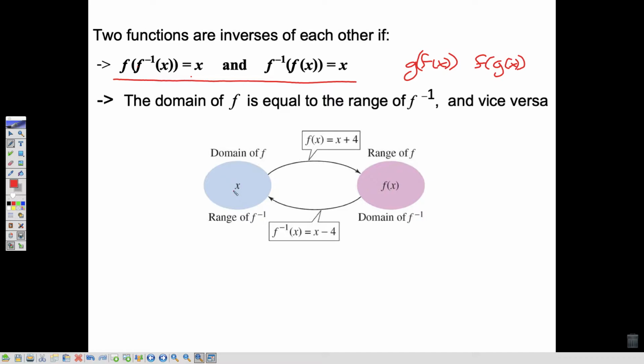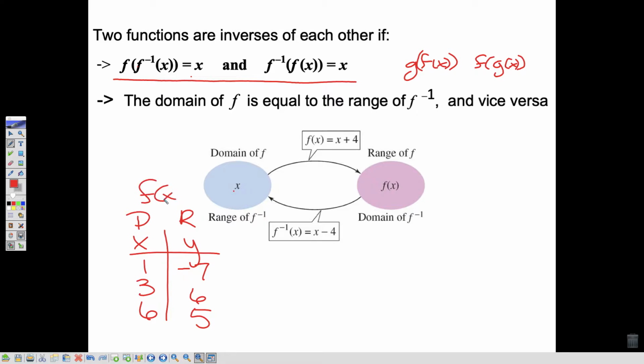So if I gave you an x and y table, x is domain, yes? Range is y. And I said, okay, this is f of x. So for f inverse of x, they pick up places and move.